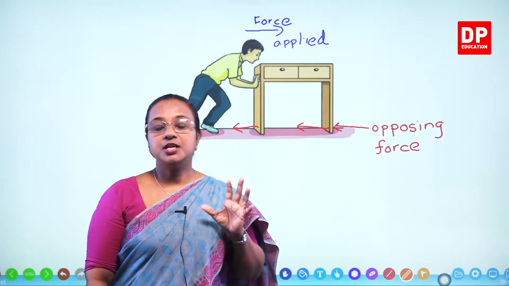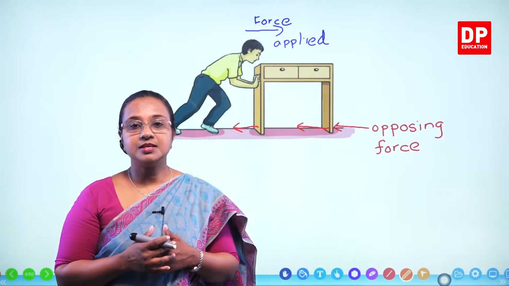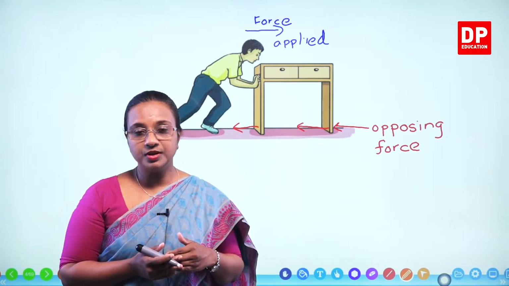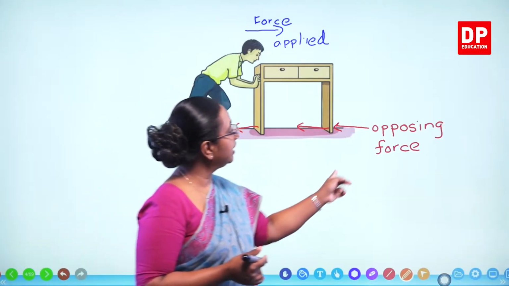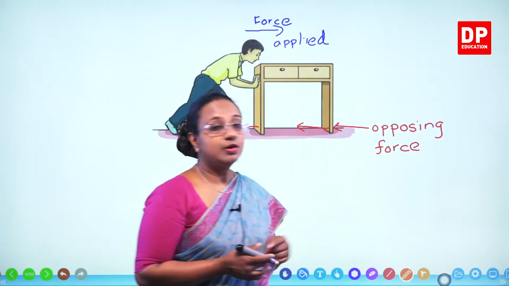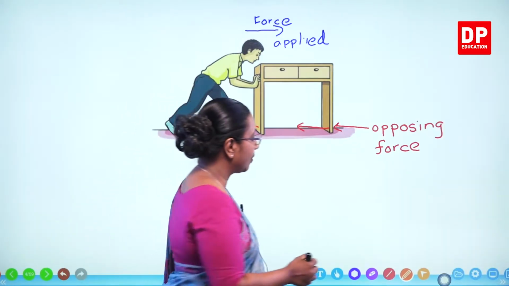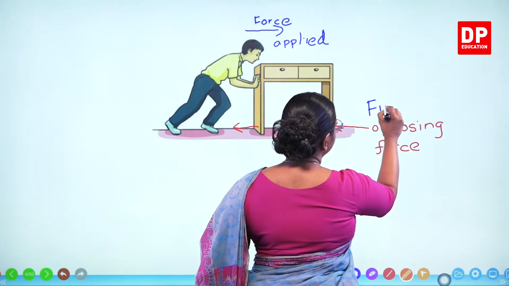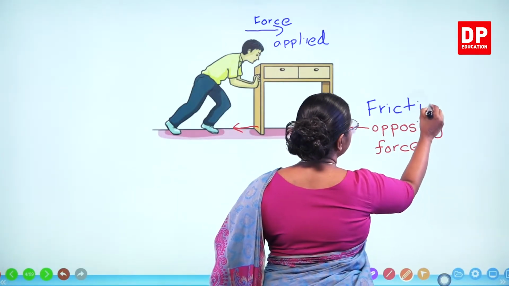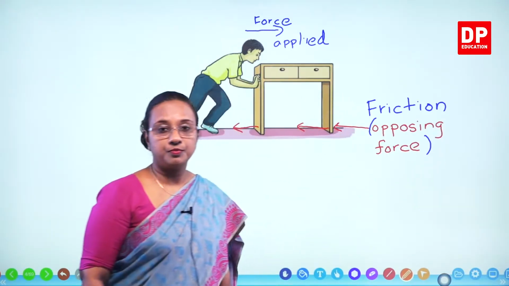So students, you have to understand there is an object at rest. The object is trying to move and the floor is trying to stop it by applying an opposing or resistive force. This is what we call friction. So, friction is the opposing force that is exerted by the floor.